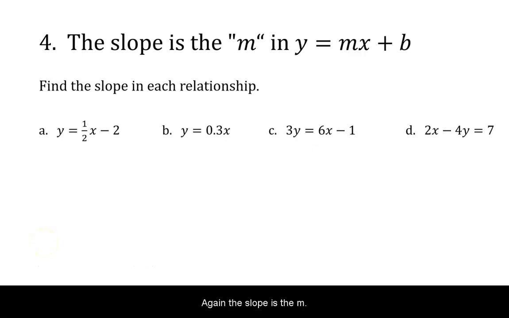Again, the slope is the m in this equation. y equals mx plus b. That is called the slope-intercept form. So when y is by itself, the number in front of x is the slope. So your m is your slope.